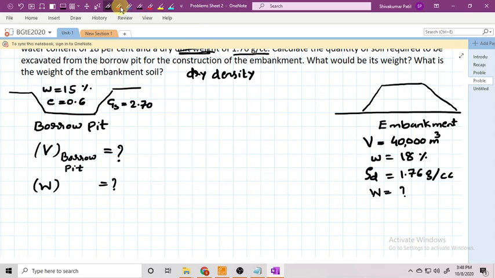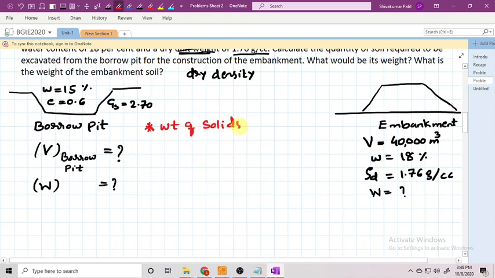Let me write that in red here. Weight of solids will be the same in the borrow pit and embankment.